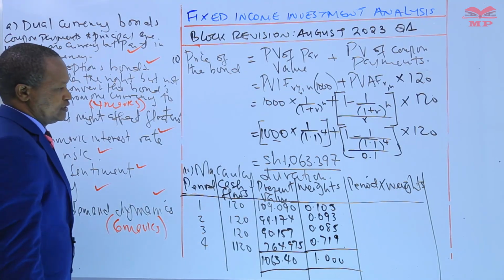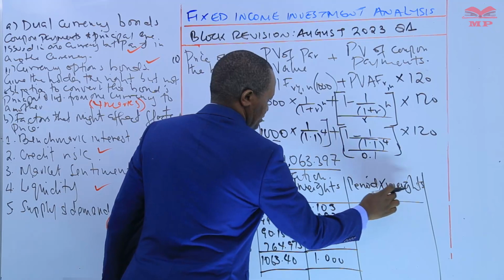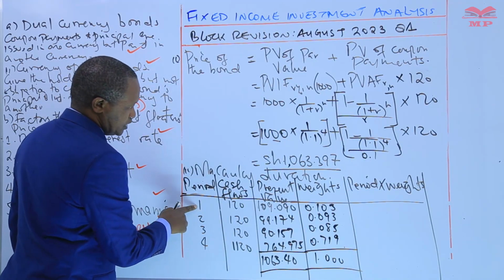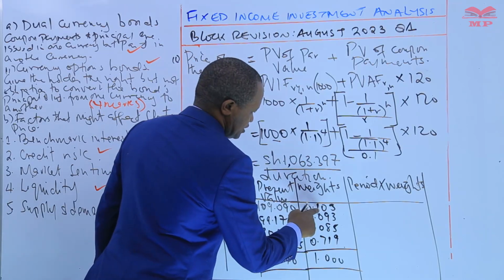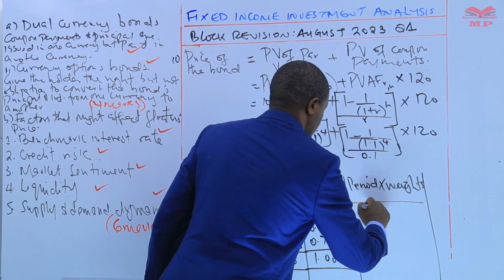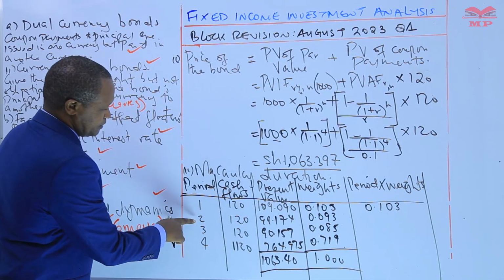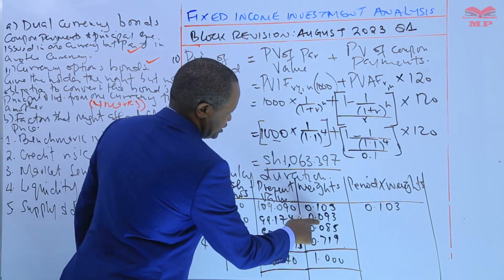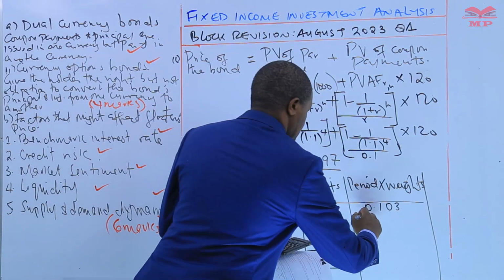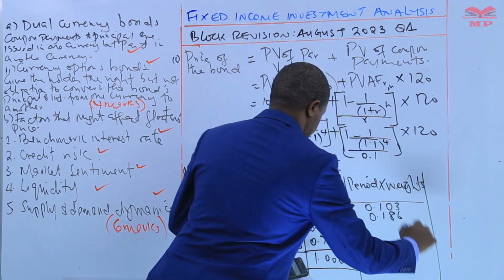Those are the weights. So the last column will take the weights times the period. The first period we take 1 times 0.103 is equal to 0.103. Next, we are going to multiply 2 by 0.093, 0.186.